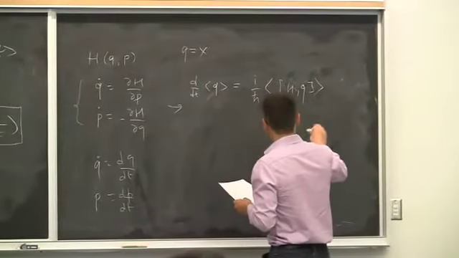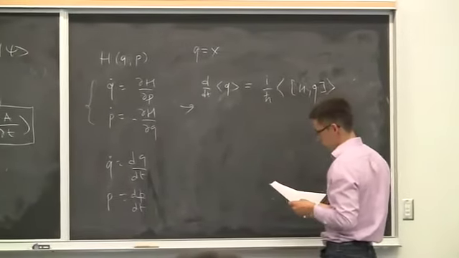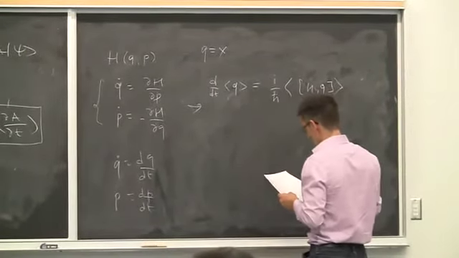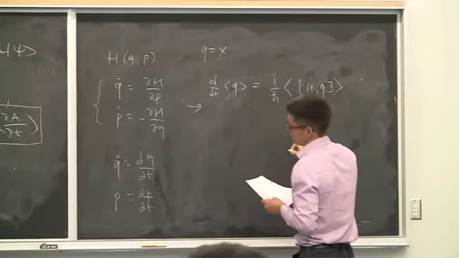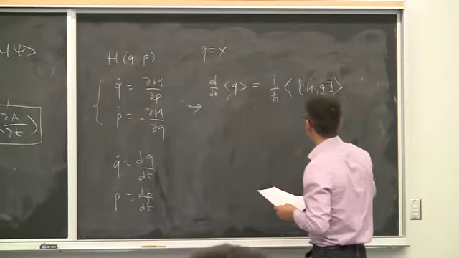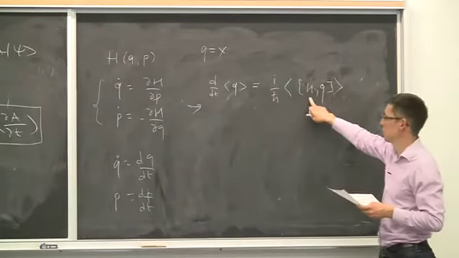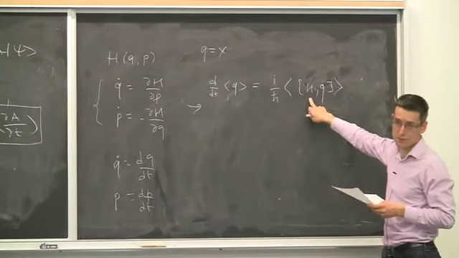Now the commutator of h and q should be proportional to p, as we were discussing, because generally the only part of h that does not commute with q is kinetic energy. Okay?